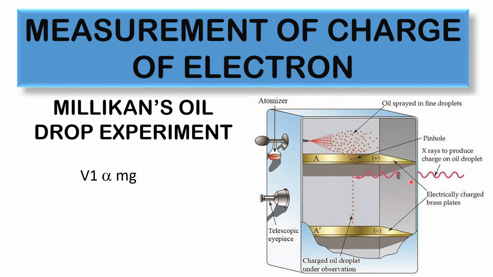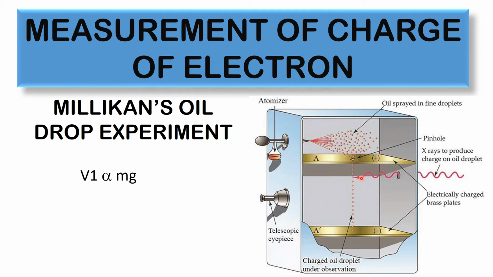Here you can see another slit through which X-rays were made to fall and strike these droplets. So what happens is that these oil droplets get charged, they get electrons from the X-rays, and so they are now negatively charged.